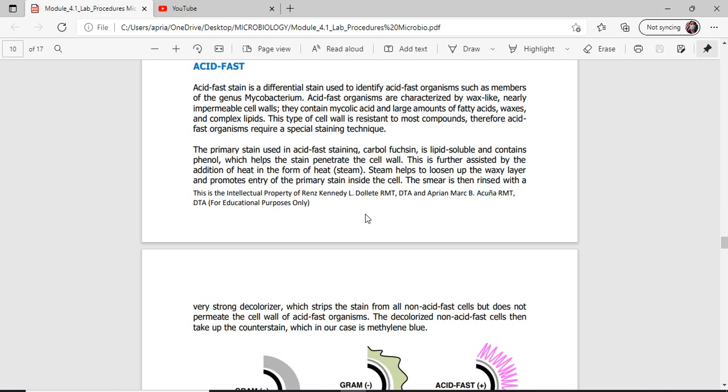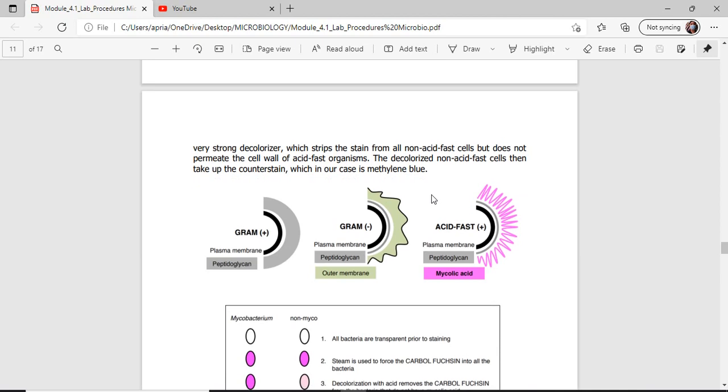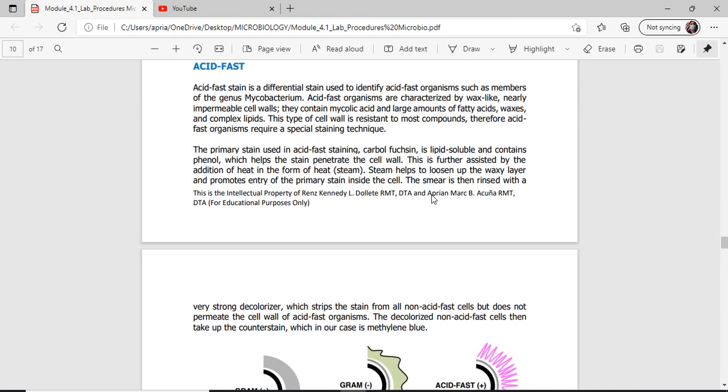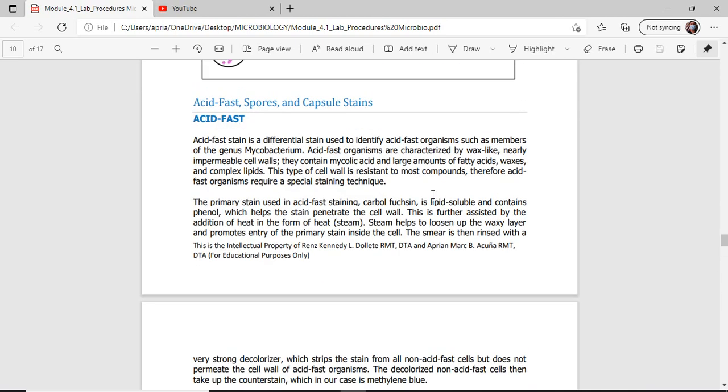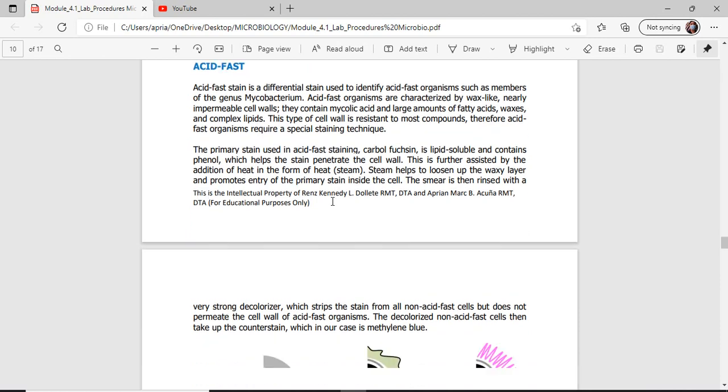This is further assisted by the addition of heat in the form of steam. While the slide with the smear has carbol fuchsin, you heat it above a burner, but in our laboratory, since we have no burner, we are just using a lighter. Same thing. As long as you heat it until it starts to bubble.